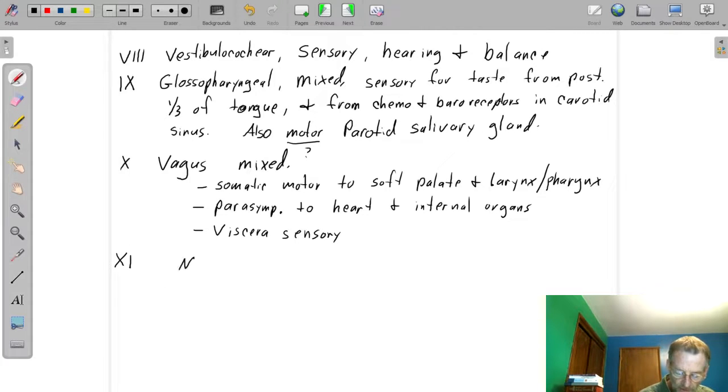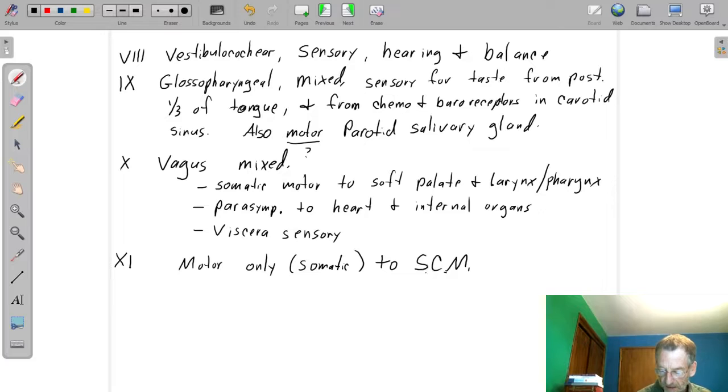This is motor only. And this is, I should say, somatic motor only. And this is to the sternocleidomastoid, I'll abbreviate as the SCM, and the trapezius. Two easy to identify large muscles of the neck.